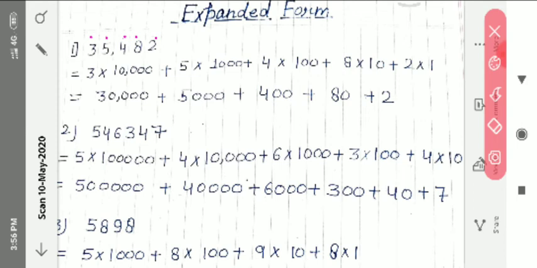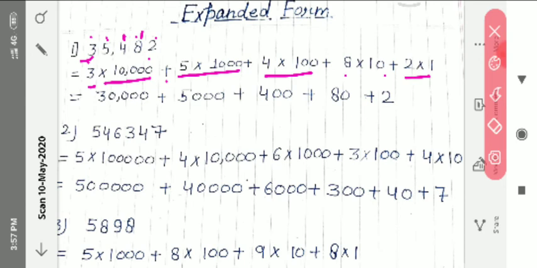So firstly write 3 multiplied by 10,000, plus 5 is at 1,000 place, so 5 multiplied by 1,000. 4 is at 100 place, so 4 multiplied by 100. 8 is at tens place, so 8 multiplied by 10, because 1 ten is equal to 10. Okay, and 2 is at ones place, so 1 one is equal to 1 only, so 2 multiplied by 1.